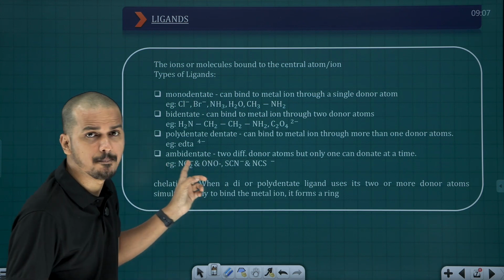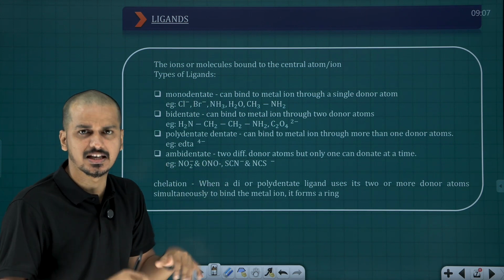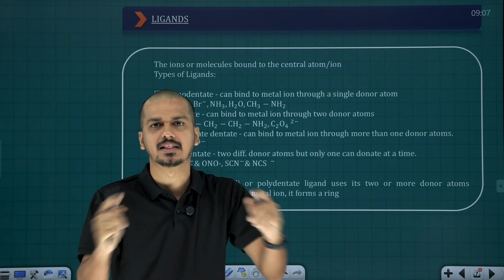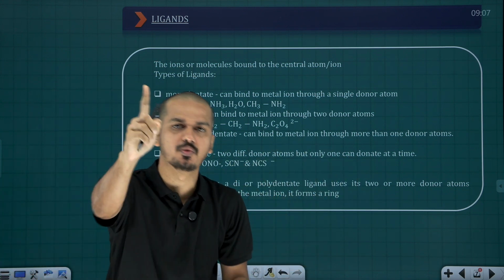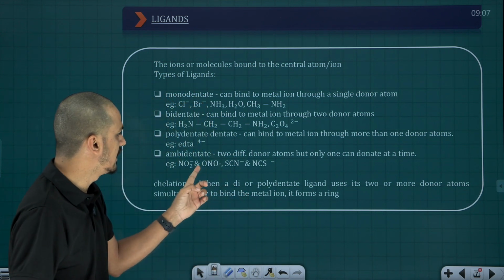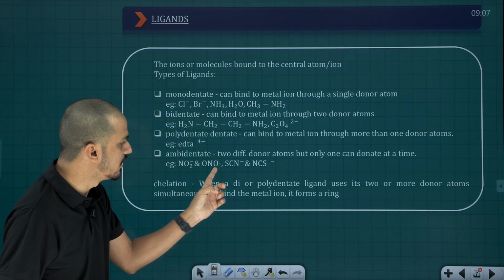Next one, ambidentate ligand. Ambidentate ligands are monodentate ligands, but they have two donor atoms. At a time, they can bind to the central metal atom through only one atom, but they have two donor atoms, like NO2- and ONO-.